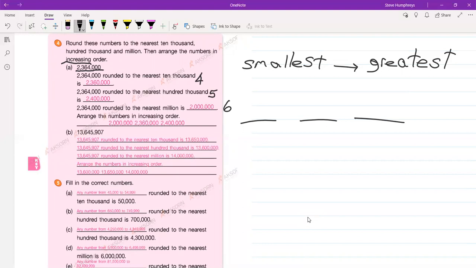Then B, they give you an 8-digit number, 13,645,907. You've got to round it to the nearest 10,000, like you did in number 4A, looking at 4 digits.